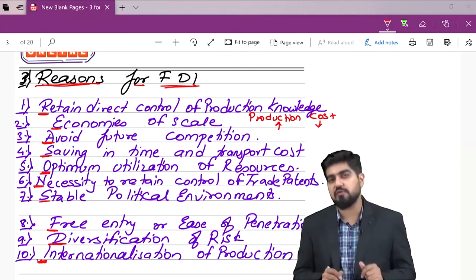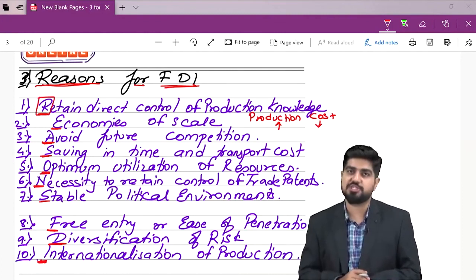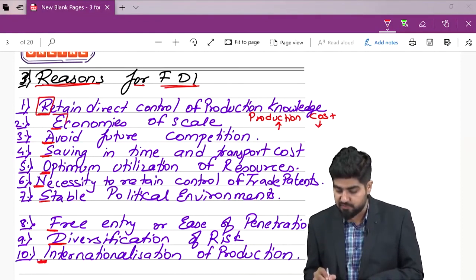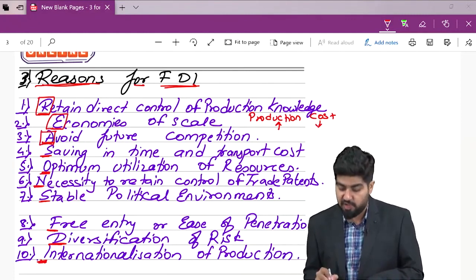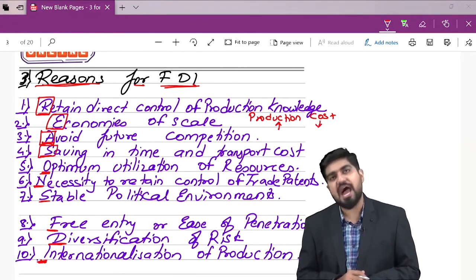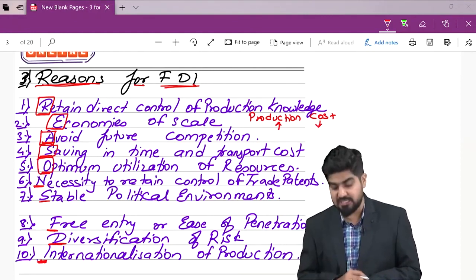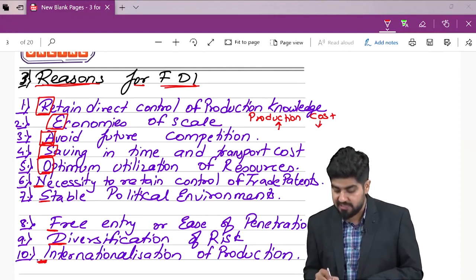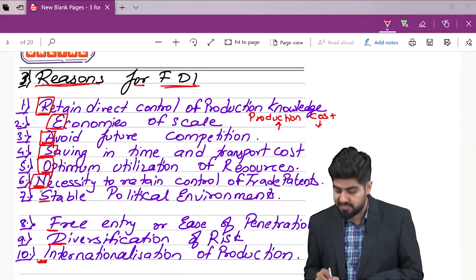You can revise along with me. First point, R stands for retain control of production knowledge. Next one, E stands for economies of scale. A stands for avoid future competition. S stands for saving in time and transport cost. O is optimum utilization of resources. N, necessity to retain control of trade patents.